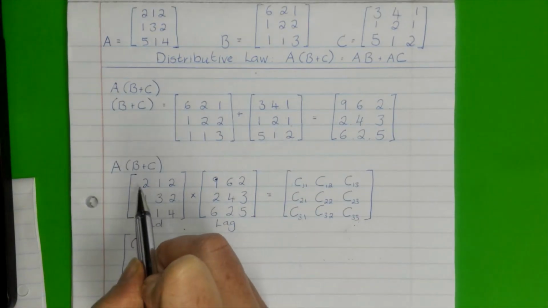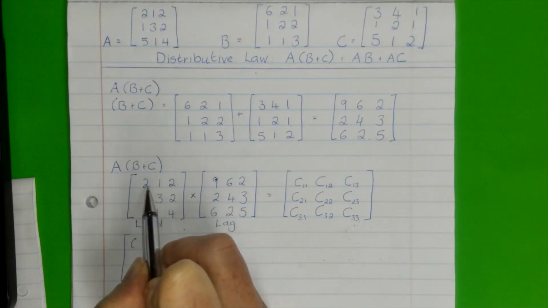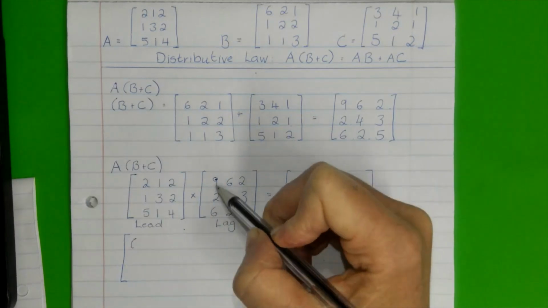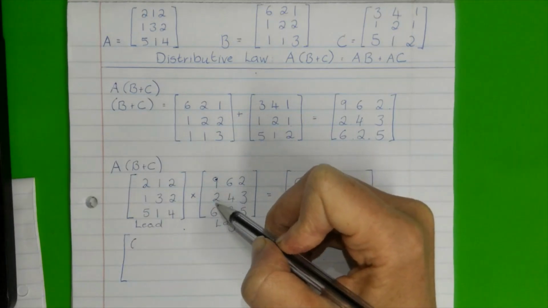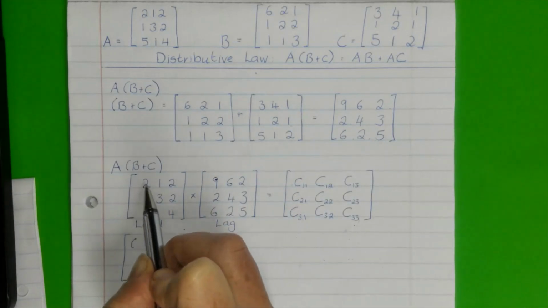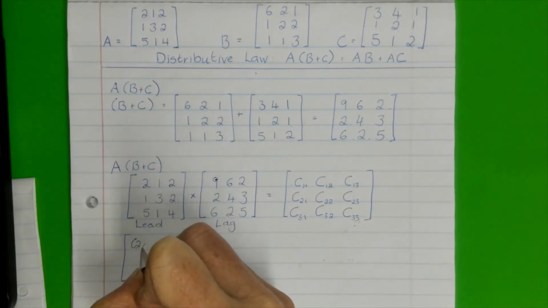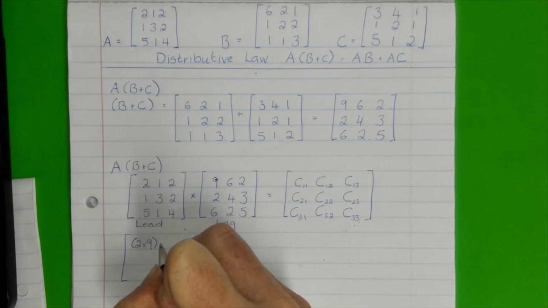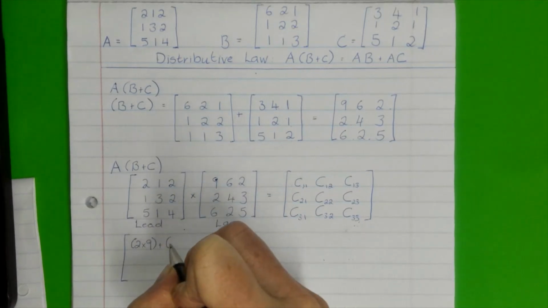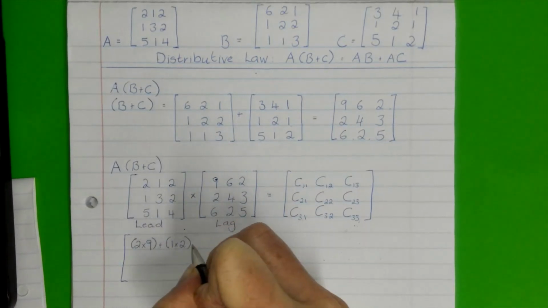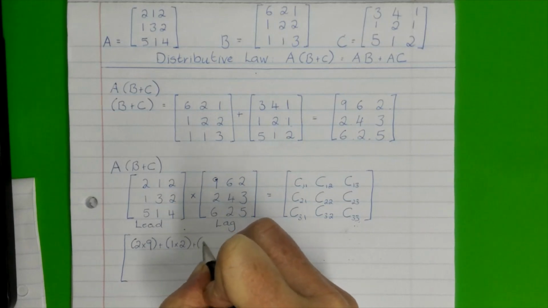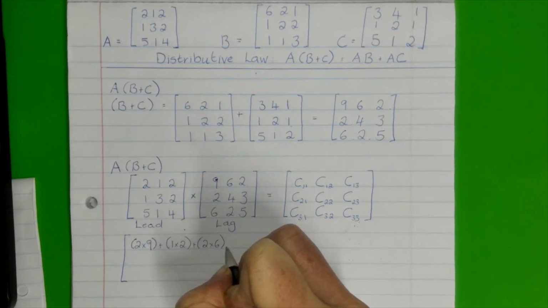All of these elements here, 2, 1, 2, we need to multiply by these elements here. So 2 times 9 plus 2 plus 2 times 6.